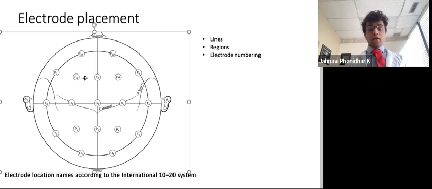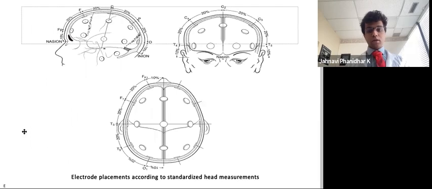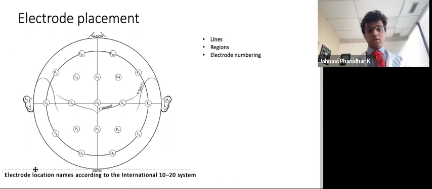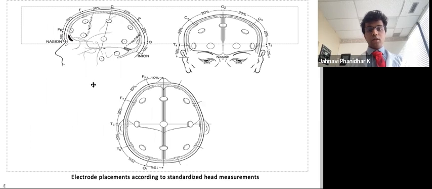The electrodes are numbered with the left side having the odd numbers and the right side having the even numbers. Z is used for the electrodes on the sagittal line and P is used for pole, frontal pole 1, for example, FP1. This is the international 10-20 system, which is commonly used for the electrode placement on EEG.